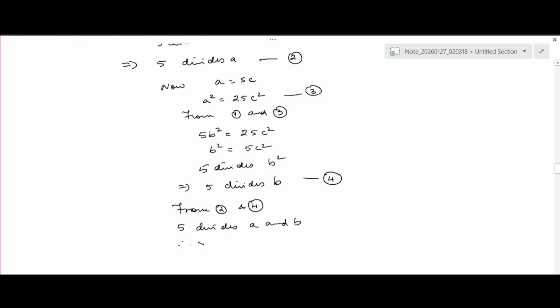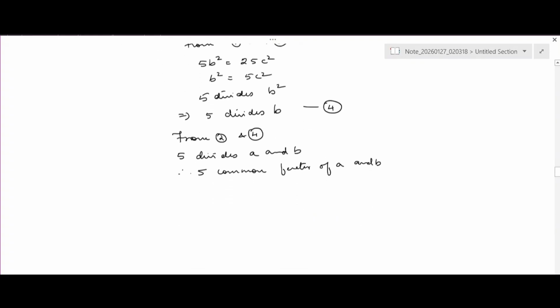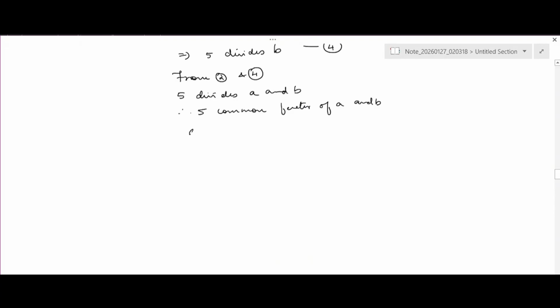Therefore 5 is a common factor of a and b, which contradicts the fact that a and b are co-prime.